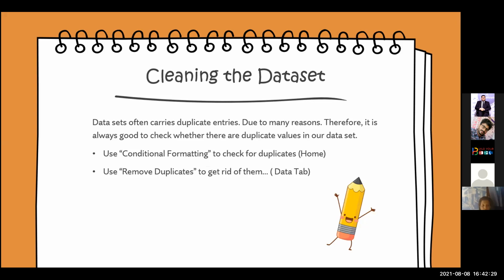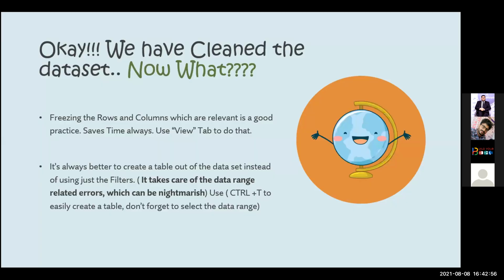They are going to enter duplicate order IDs, maybe the same entry can be copy pasted. Likewise, there are going to be errors. But when we do the analysis, we can't take those errors into account, because then our analysis is going to deviate from the accurate result. That's why it is so important to check and remove the duplicates.